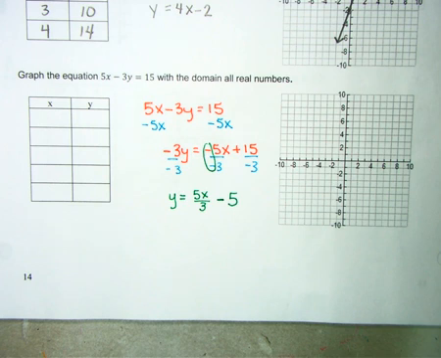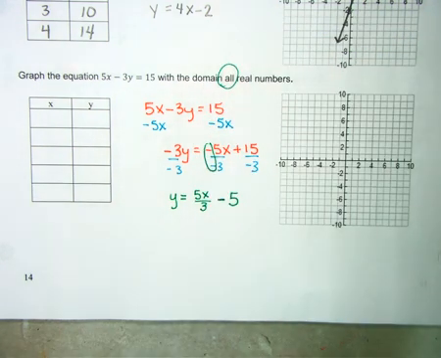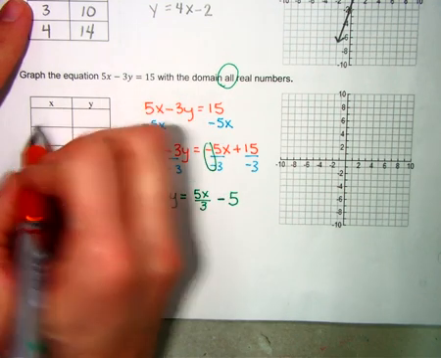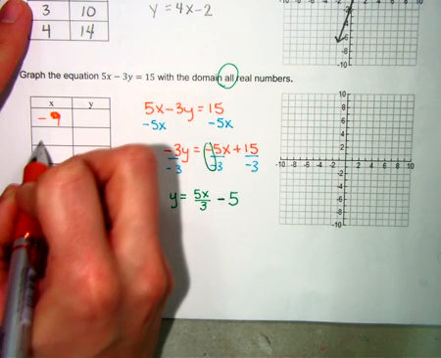Okay, now we get to pick our numbers. So you pick numbers for your x. Why? Because all numbers work, so you can pick whatever you want. What should you pick? Give me any number you should pick. Numbers divisible by 3. So what do you want to use? Negative 9? Yes.